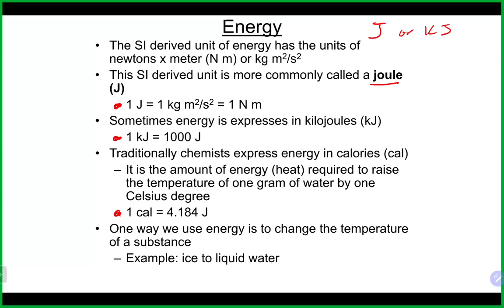Kilo is 10 to the 3, right? So that's 1,000, as you can see here, joules in a kilojoule. So that is a conversion that we use a lot. 1 joule actually equals 1 kilogram meter squared per second squared, which is what is referred to as a Newton meter.